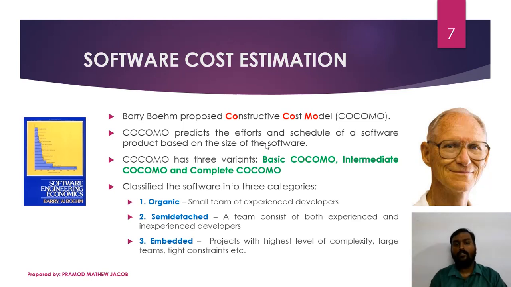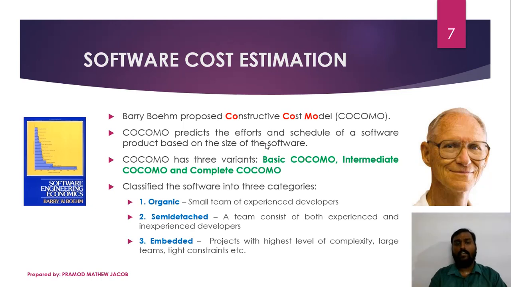An organic software is a software in which the development team consists of very experienced developers and it is a very small team. So simply, an organic team is a small team with experienced developers. A semi-detached software is one where the team consists of both experienced as well as inexperienced developers and the team size is usually moderate.